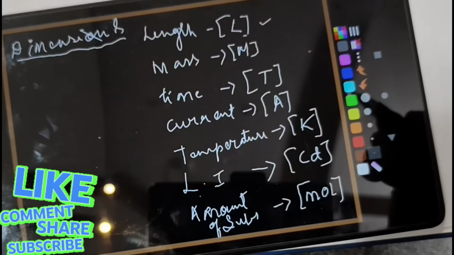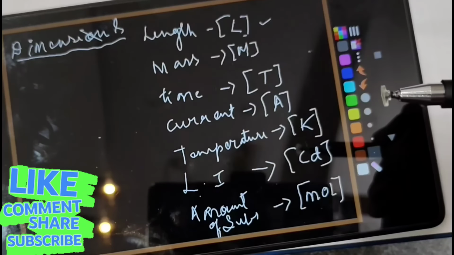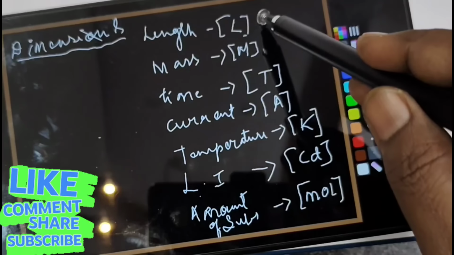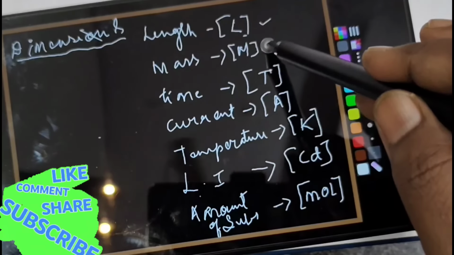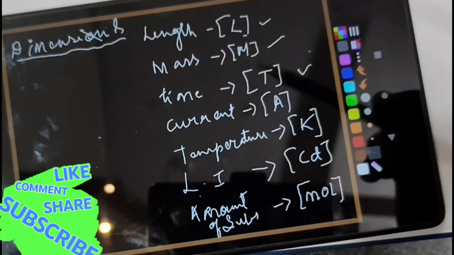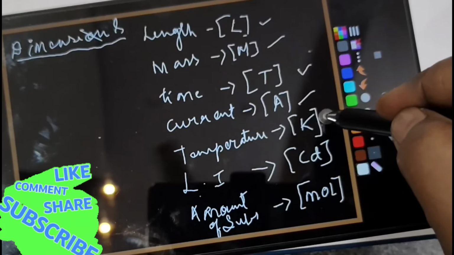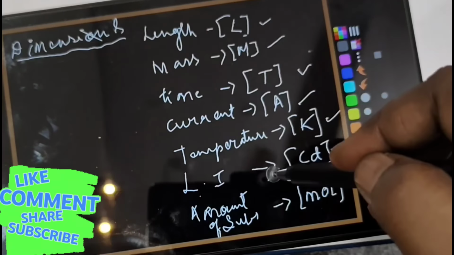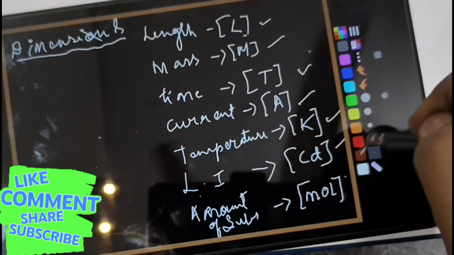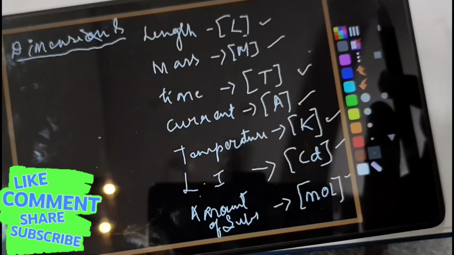So these are the dimensions we use in the units and measurement chapter. Capital L for length, capital M for mass, capital T for time, capital A for current, K for temperature, CD for luminous intensity, and mol for amount of substance. This is how we have to write the dimensions.